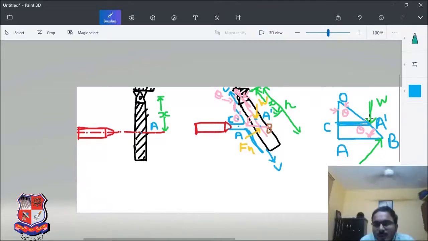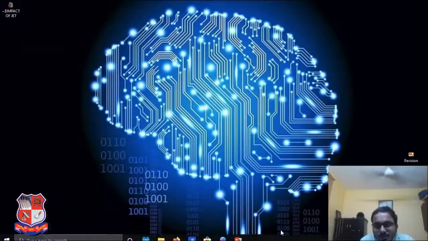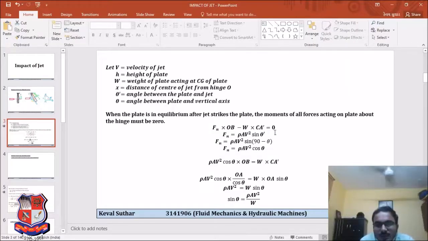So this moment will be clockwise, that is W into CA prime will be the moment. That's why it is negative and the summation of all moments will be 0.